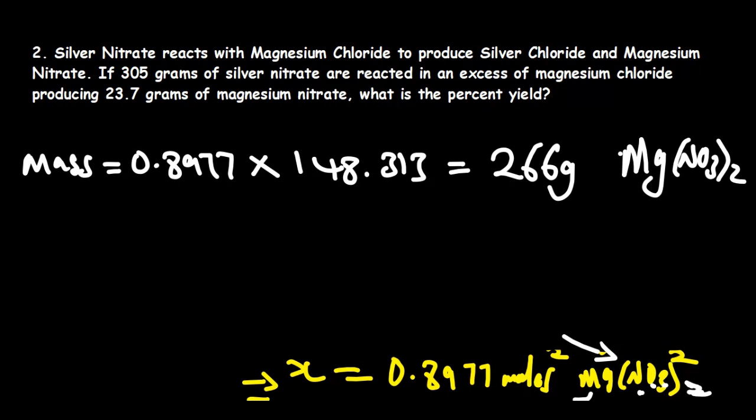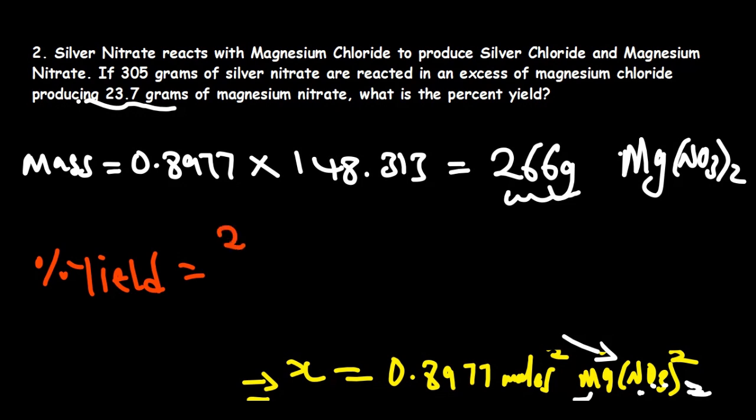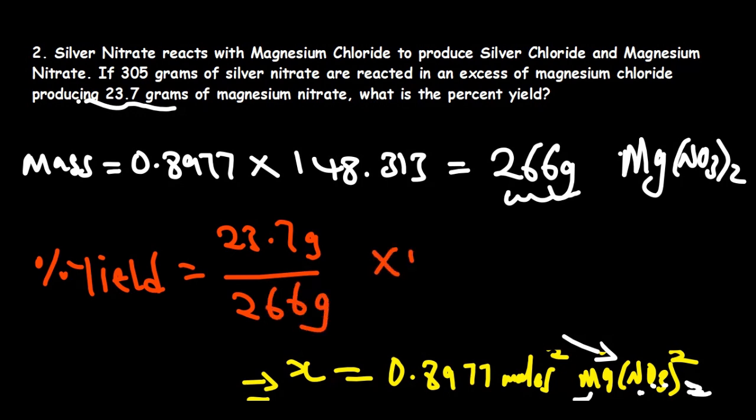So from there we can now find our what? Percentage yield. This one here is our theoretical yield, and this one here is our actual yield. So percentage yield is equal to the actual, which is 23.7 grams, divided by the theoretical, which is 266 grams, and then we multiply by 100.